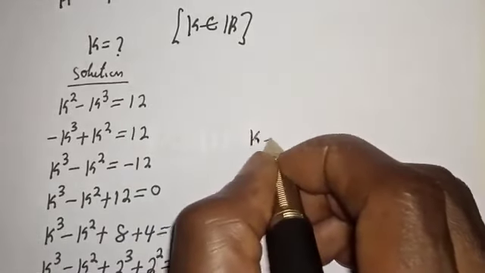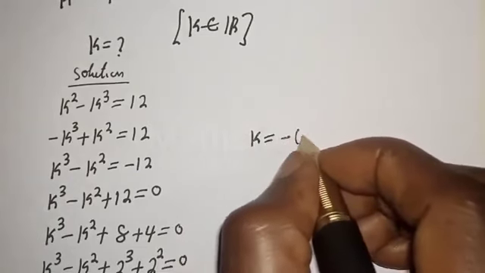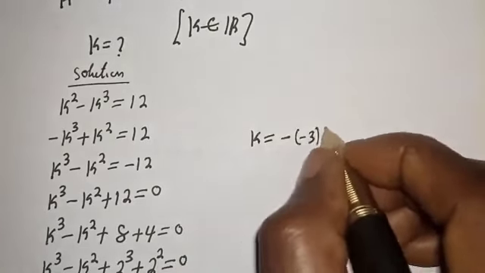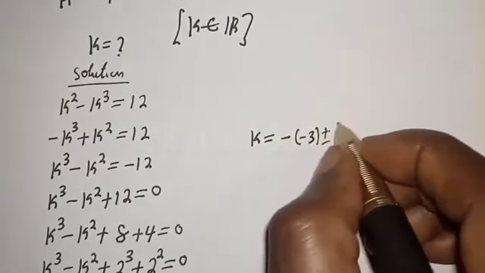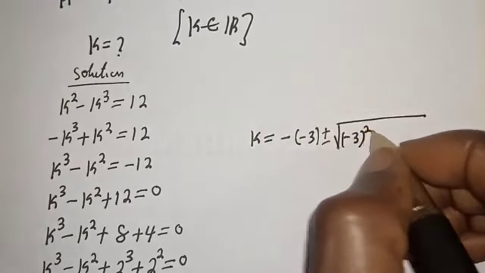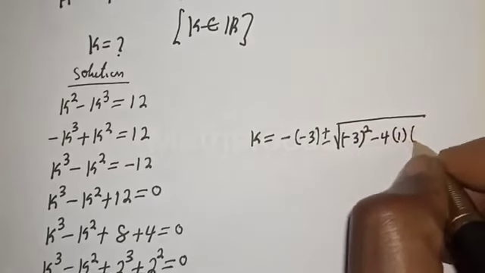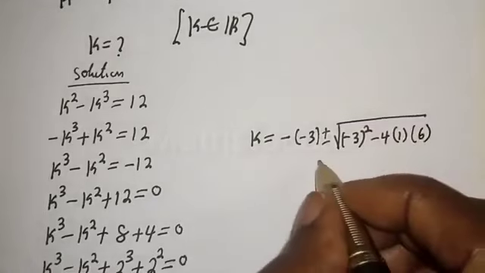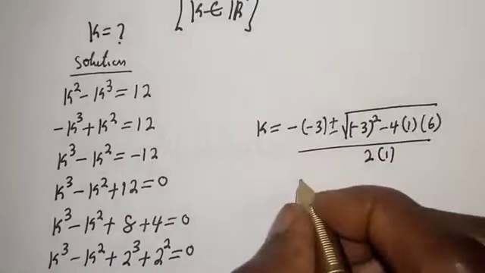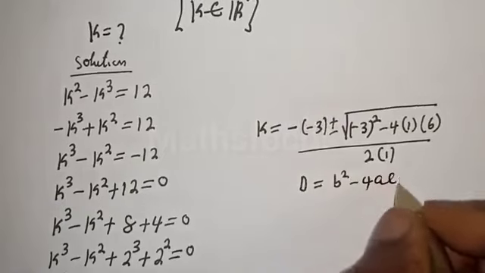Therefore, k is equal to minus bracket minus 3 plus or minus square root of minus 3 square minus 4 multiplied by 1 multiplied by 6 over 2 multiplied by 1, or discriminant is equal to b squared minus 4ac.